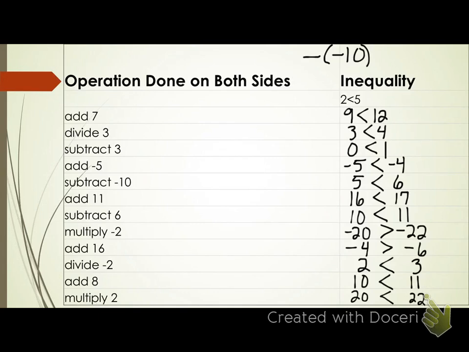You may want to write that down in your notes. Anytime you multiply or divide both sides of an inequality by a negative, your inequality symbol flips. I'll say it again.